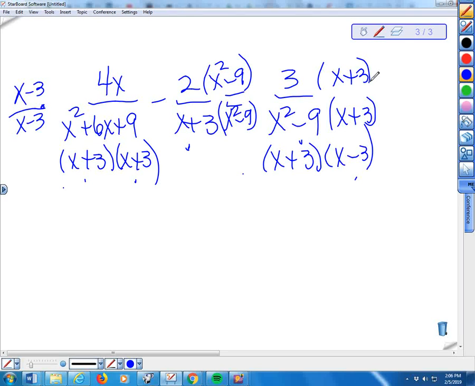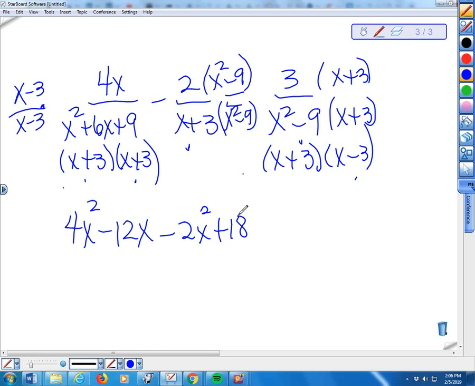Okay, so when I multiply this through, it becomes 4x squared minus 12x. When I multiply this through, be careful of this negative. It will become negative 2x squared plus 18.